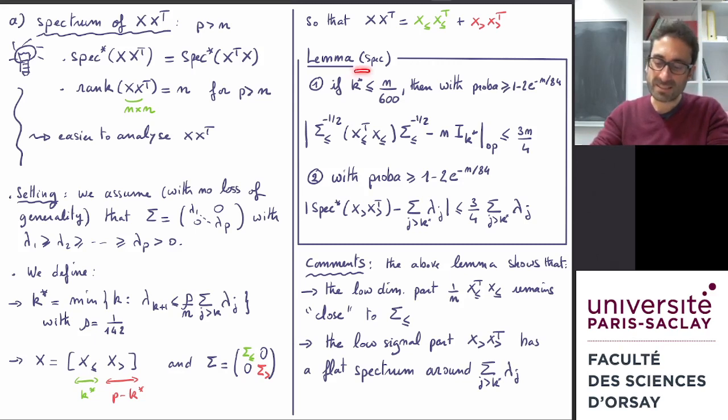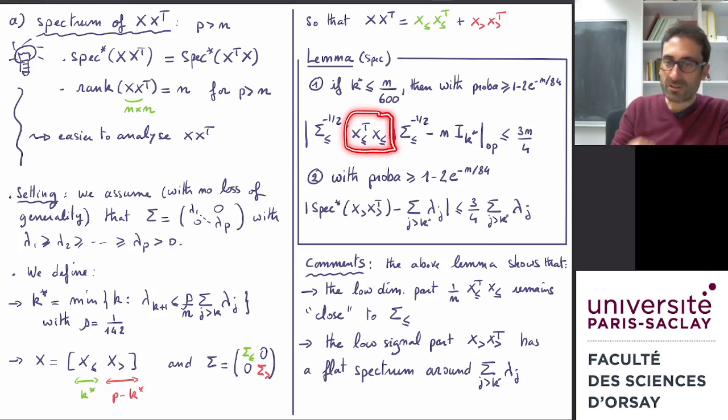So when k star, so k star is this important dimension, which corresponds to the low rank dimension, is small compared to n over 600, so again 600 has nothing special, it is just a numerical constant, then with large probability, if I look at x transpose x but only for the low dimensional part, and I rescale by sigma minus 1/9 restricted to the low dimensional part, this essentially looks like n times the identity on k star.